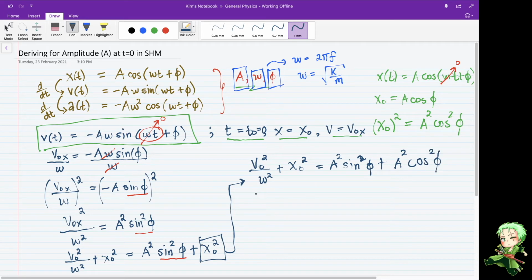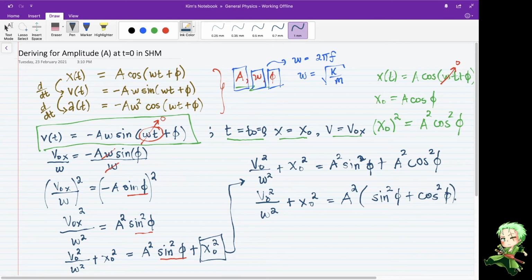Okay, so let's do some algebra here. There is something interesting that is going on with our right hand side of the equation. As you can see, A squared is common to both terms. So that means we can factor out A squared here, and then what is left would be the sine squared of phi plus the cosine squared of phi.